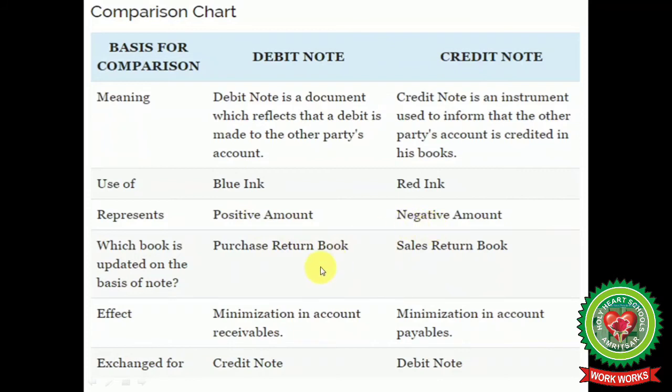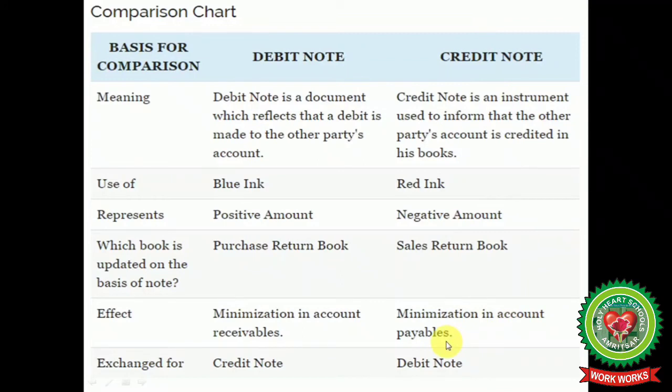So in this, the purchase return book is needed or updated. On the other hand, in the credit note, the sales return book is updated by the seller. Then in the debit note, the effect is minimization in accounts receivable. In the credit note, the effect is minimization in accounts payable.